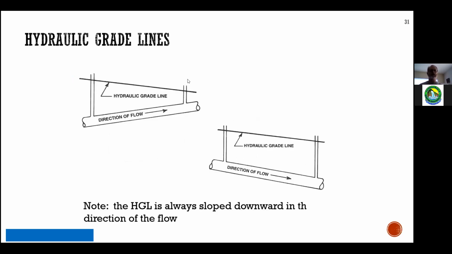Here's a couple of other examples. The pipe is actually going uphill. The grade line will still slope away from the source or the supply. Or as it says in the slide, the direction of flow. Which is important because, you know, a lot of cities build out from the center and their supply might be there.